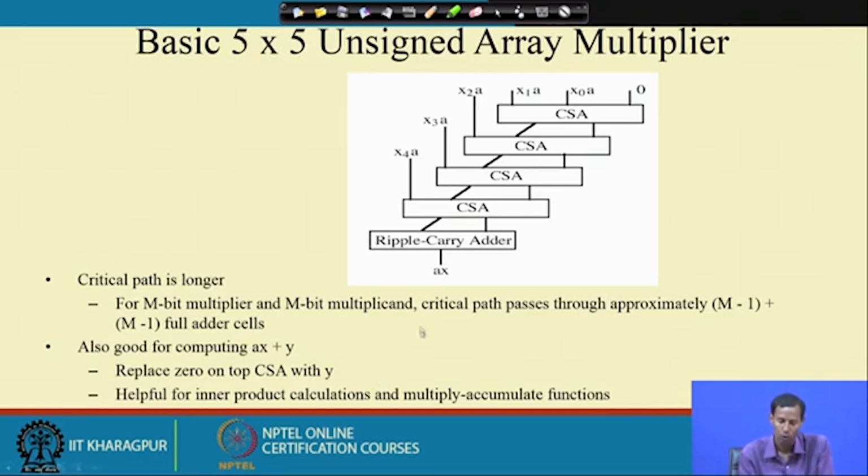As we have discussed, the structure is very much regular. One by one you just put the corresponding inputs and then you get the final results. This is the basic idea of array multiplication. Looking at this picture, I can easily say that the critical path is longer, but the structure is very much regular.